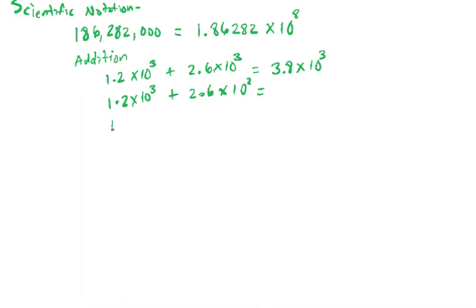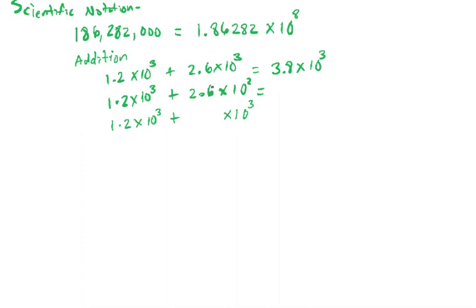So this one can stay just 1.2 times 10 to the third, and we can change the other one. So we need to make this a times 10 to the third. So if we're going to basically multiply this 10 by another 10 to make it 10 to the third, then in order to keep this number as the same number, we need to divide this number by 10.